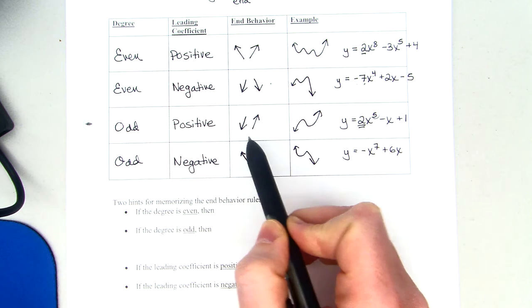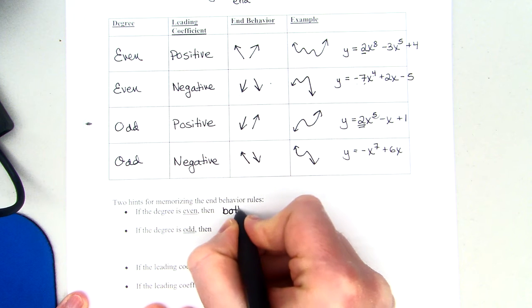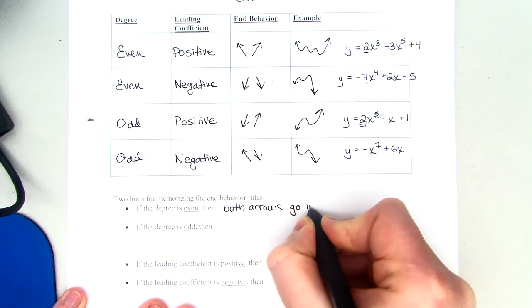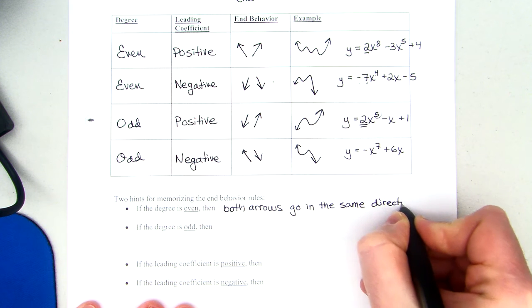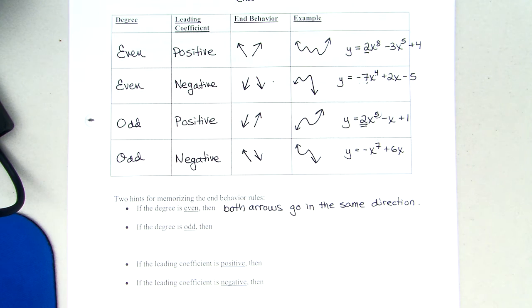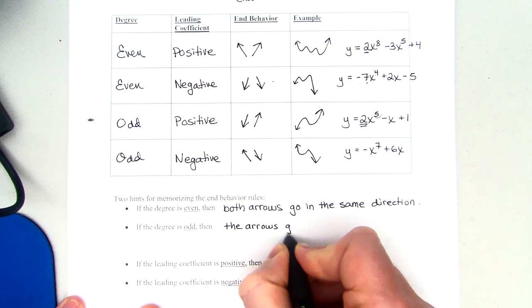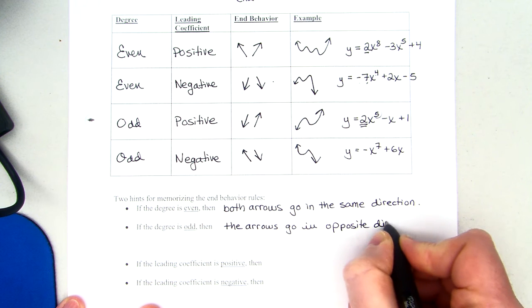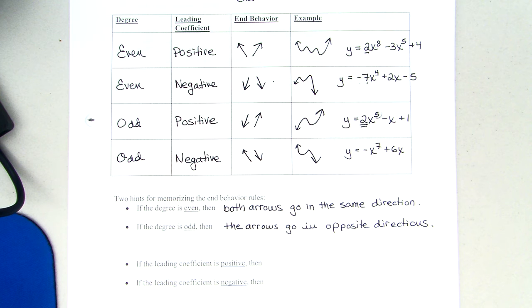If the degree is odd, the arrows are going in opposite directions, one up, one down.